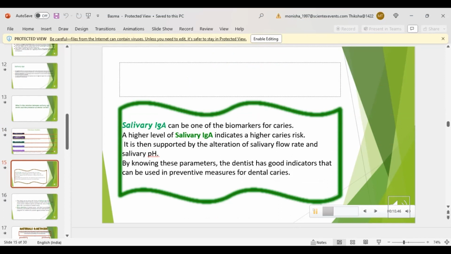High level of salivary IgA indicates a higher caries risk. It's then supported by the alteration of salivary flow rate and salivary pH. By knowing these parameters, the dentist has good indicators that can be used in preventive measures for dental caries.